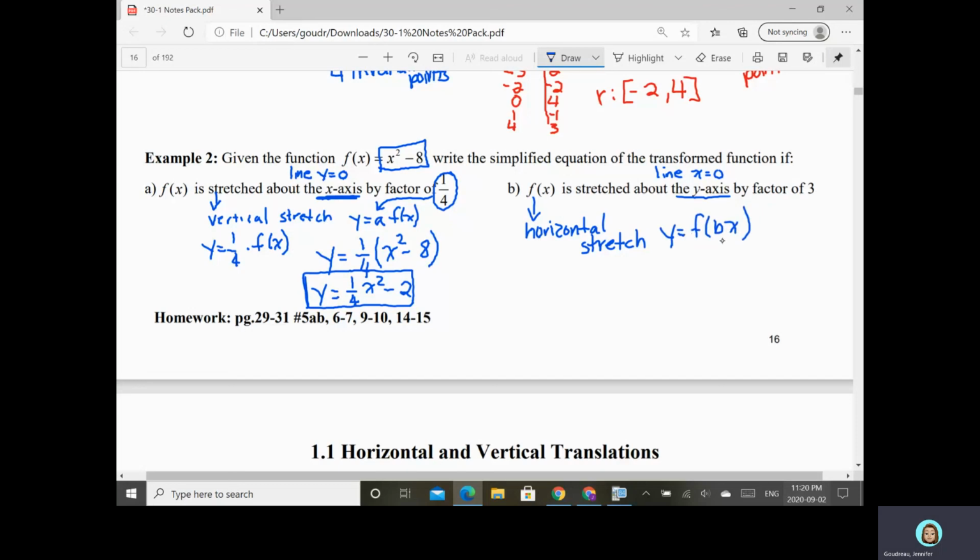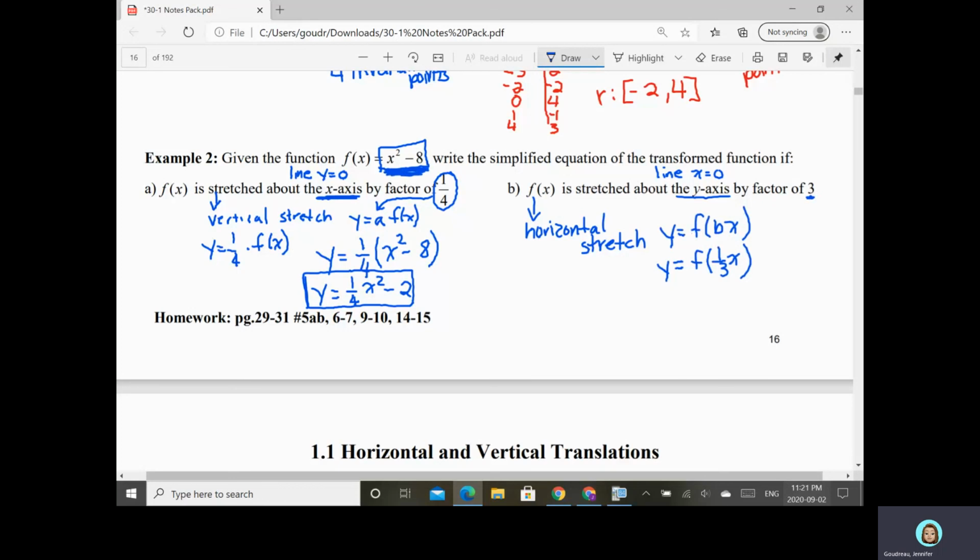Now, what is that B value going to be? Well, our stretch factor is 3, but be careful. When we have a horizontal stretch, this is the reciprocal of B. So if our stretch factor is 3, that means B is 1/3. So we're looking at f at 1/3 x. Well, what is f at x? F at x is x squared minus 8.